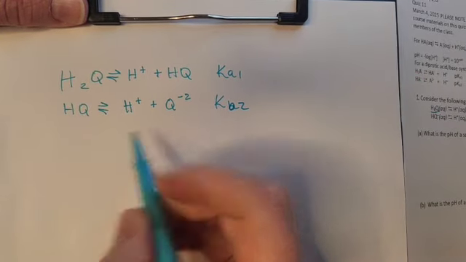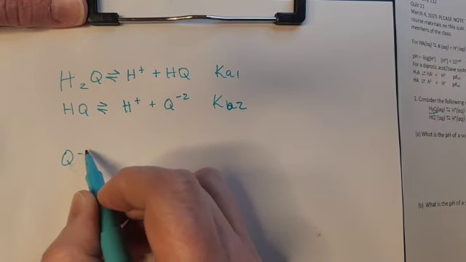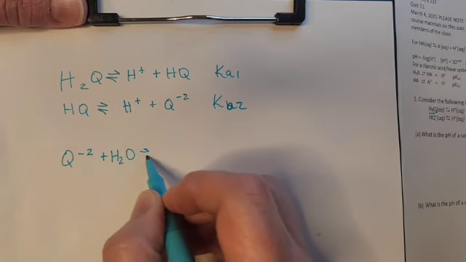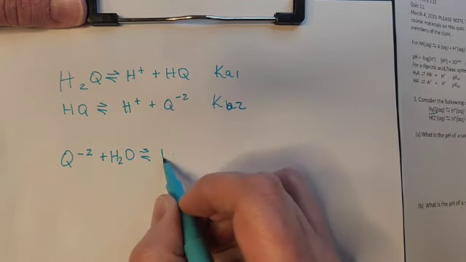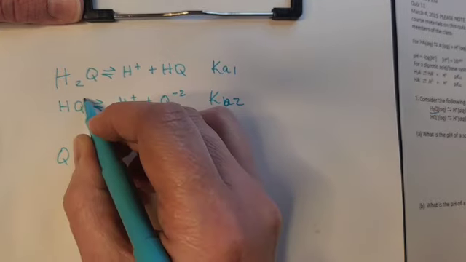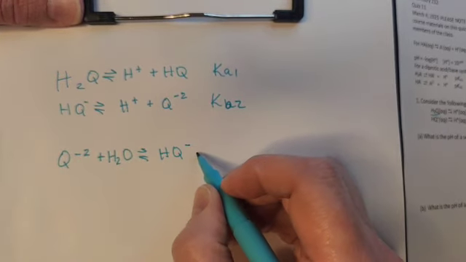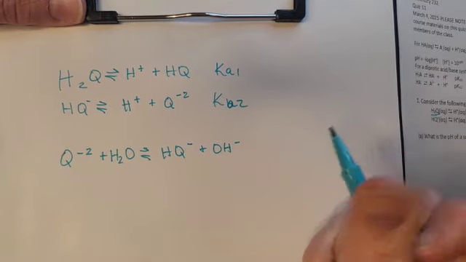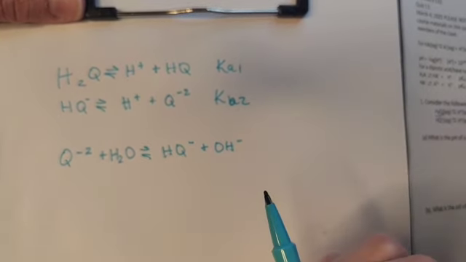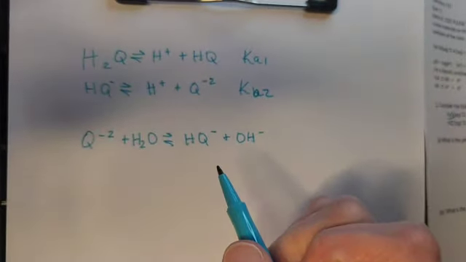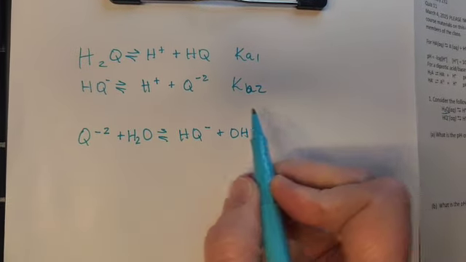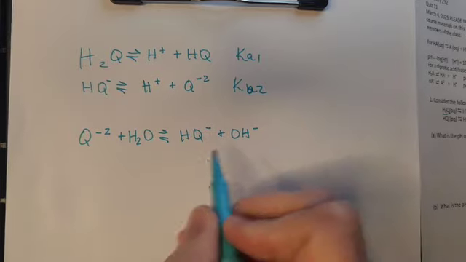But if we're starting with our base here, so if we start with Q2 minus and we react that with water, what's going to come of that is HQ minus plus OH negative. And how we're pairing this up is that we look at the full picture of both equations.